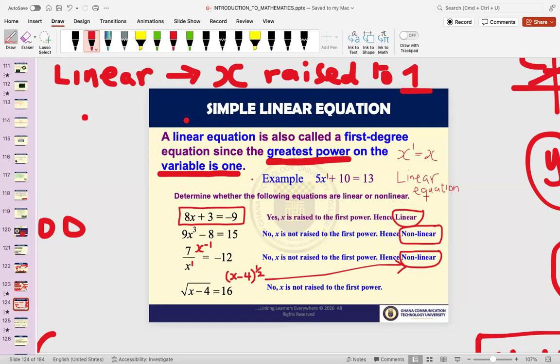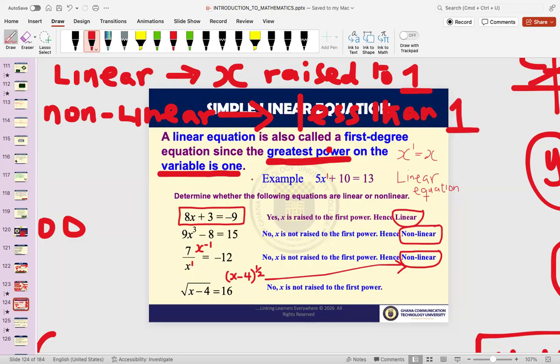And then the second type is that when x is not raised to the power 1, it is called non-linear equation. It means that the power of x is either less than 1 or more than 1.